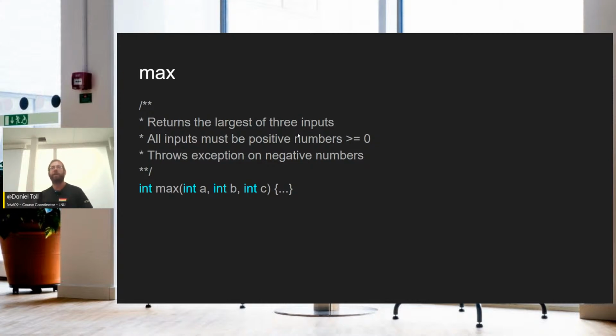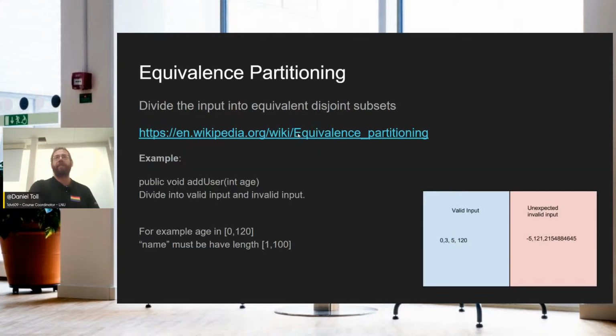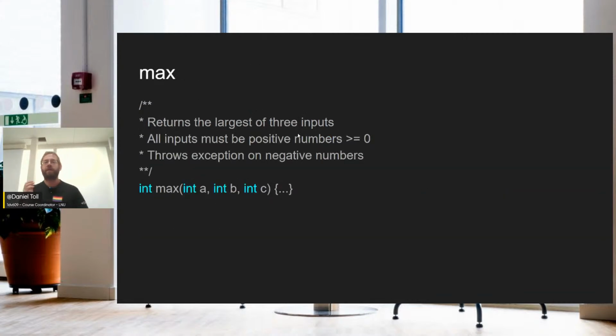You're actually on the next way of thinking of equivalence partitioning. Another way of partitioning this would be to partition the invalid ones in 3 different parts. The first one would be that A is negative, the second one that B is negative, and the third one that C is negative. In that case, we would need 3 test cases for the invalid things, right?